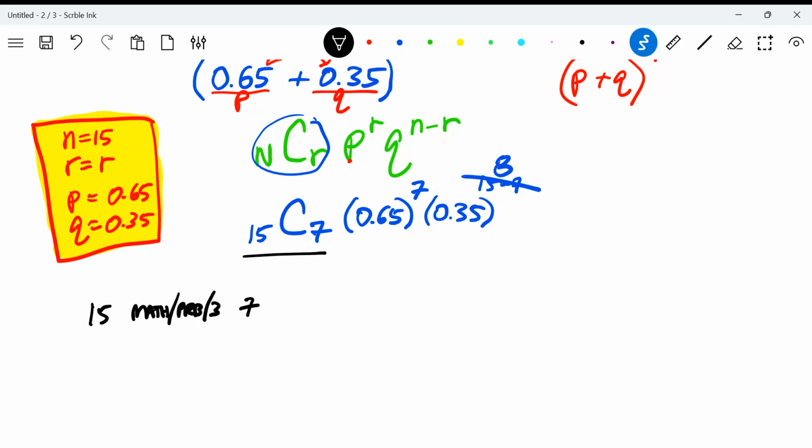So I'll put 15. Go to probability, nCr. Put the 7. And for this number, I would get 6,435. So 6,435 times whatever that is, times 0.35 to the 8th.